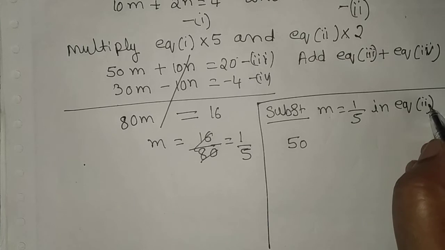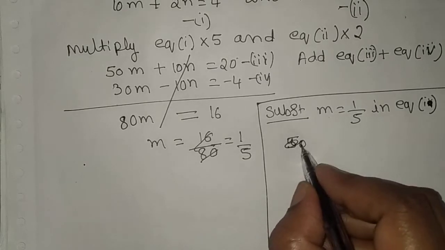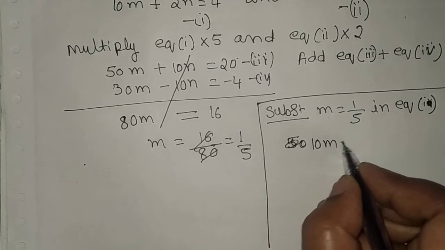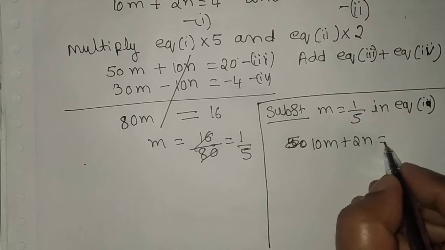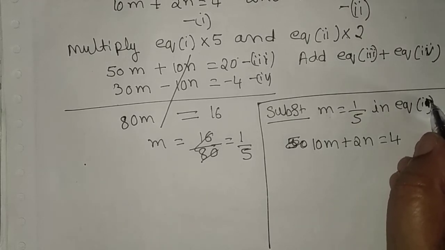Equation 1 is also okay, equation 1 only I will take. What is equation 1? It is 10m plus 2n is equal to 4. So this is equation 1.